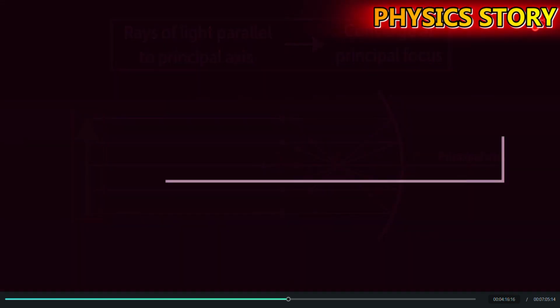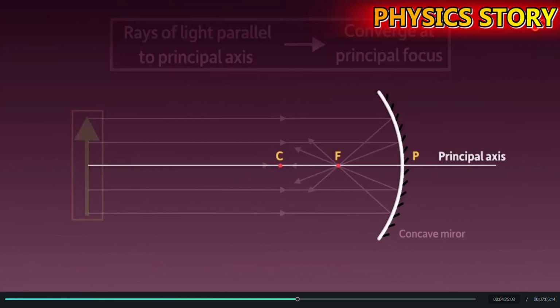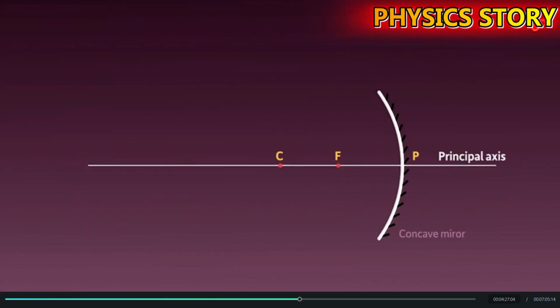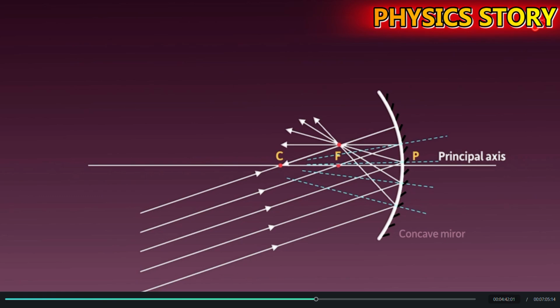What if the rays of light are parallel to each other but not parallel to the principal axis? Where will they go in that case? Let's find out what happens then. Suppose that the rays of light are incident on the mirror. As you can see, these rays are parallel to each other but not to the principal axis. These rays will be reflected in such a way that the laws of reflection are obeyed.